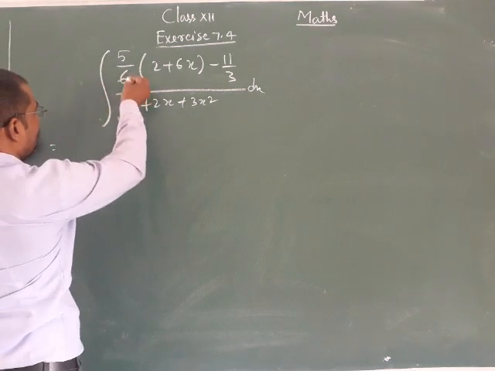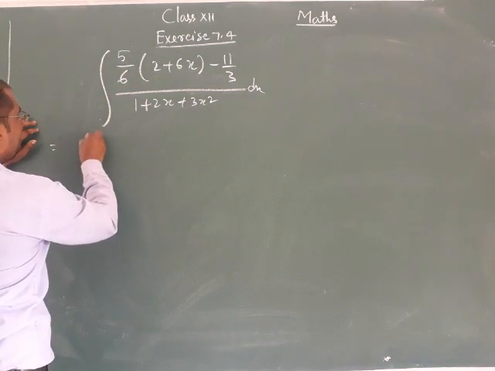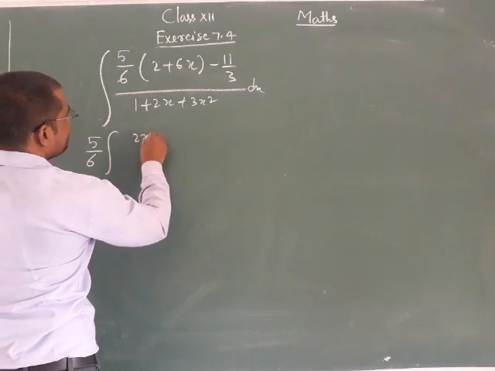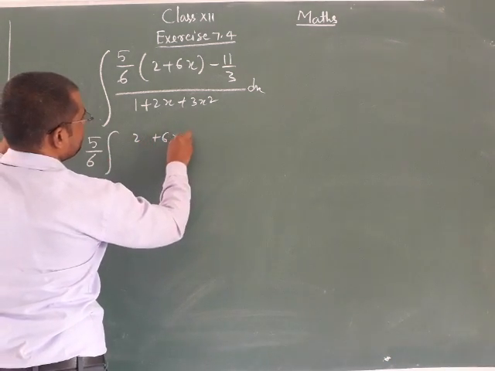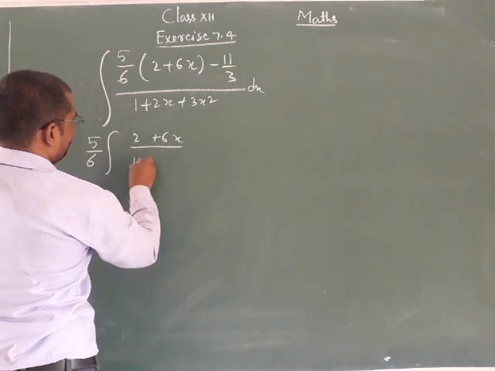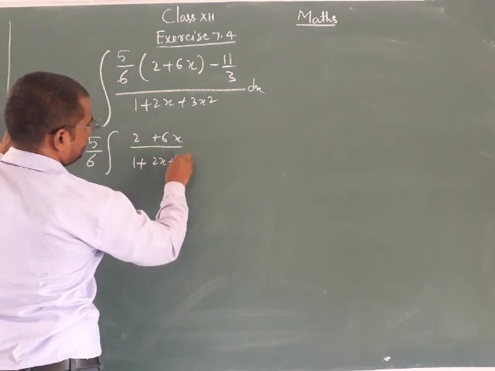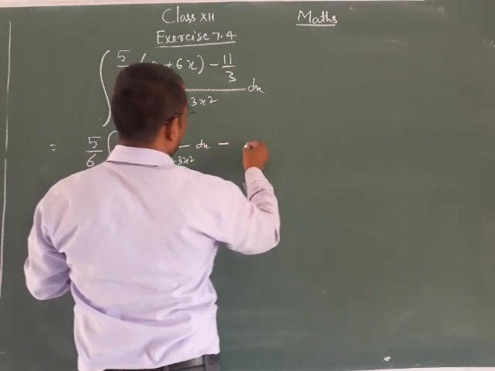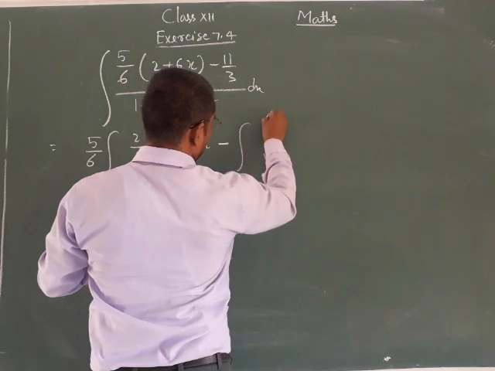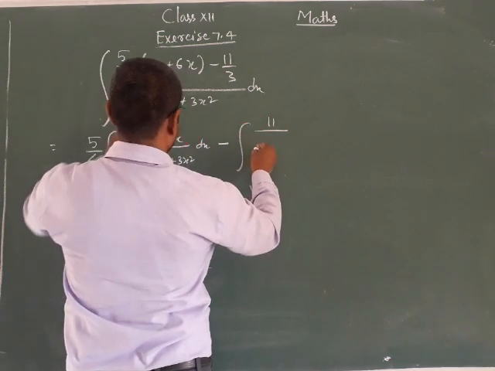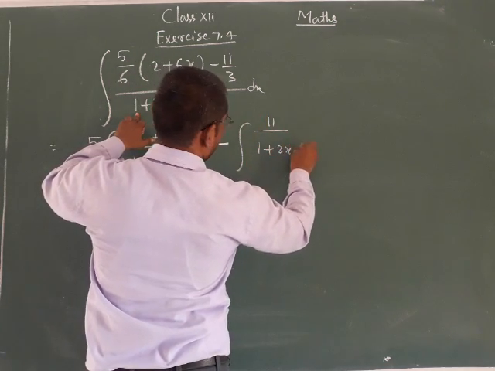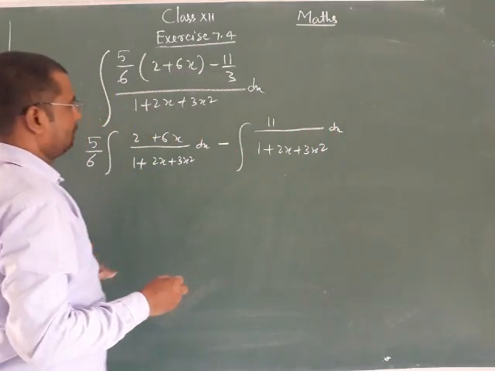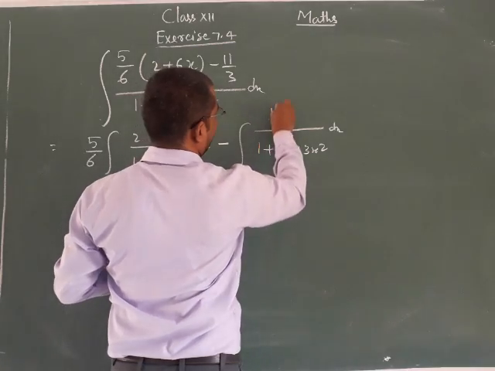So now since 5/6 integral of 2 plus 6x upon 1 plus 2x plus 3x square dx, and also integral of 11 upon 1 plus 2x plus 3x square dx, 11 upon 3.